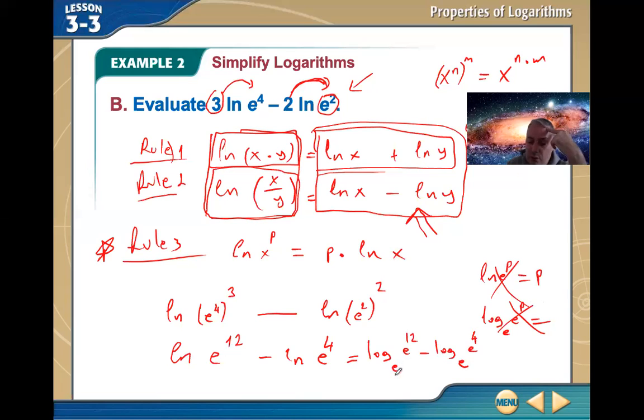The power rule says the result is directly 12 minus 4, which is 8.